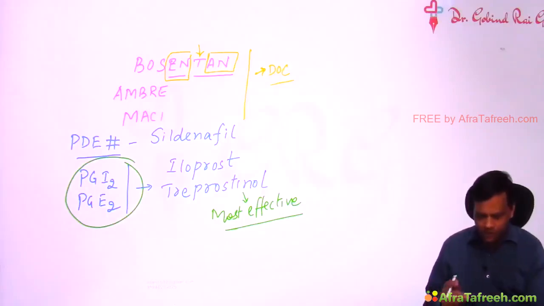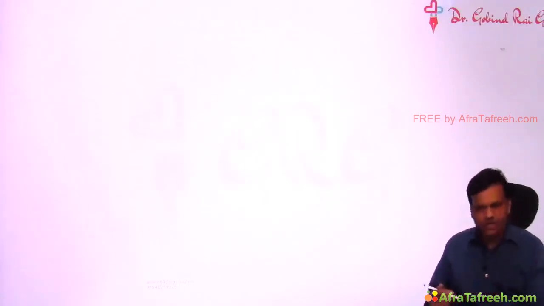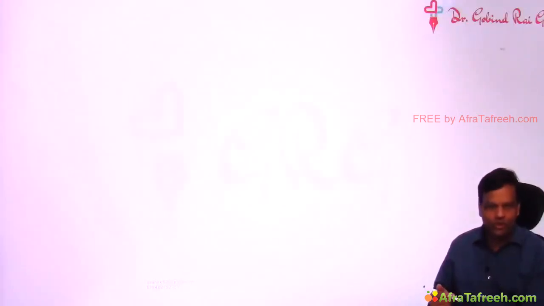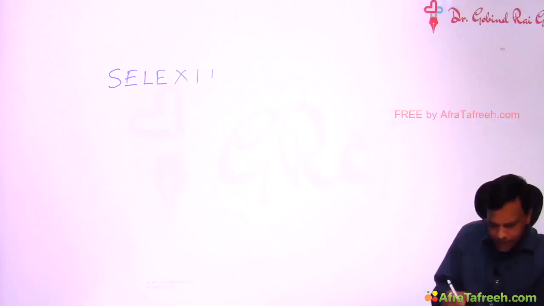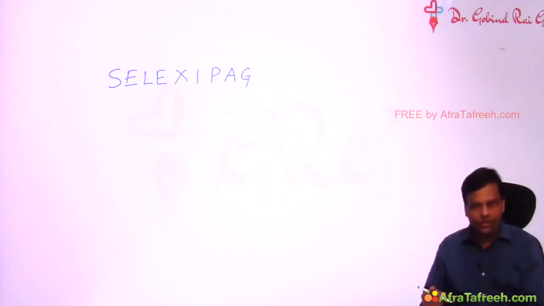So then we developed a new drug which is a prostaglandin receptor agonist, but that can be given orally. Okay? And that drug is called Selexipag. It is a new drug, a prostacyclin agonist, but it can be given orally.